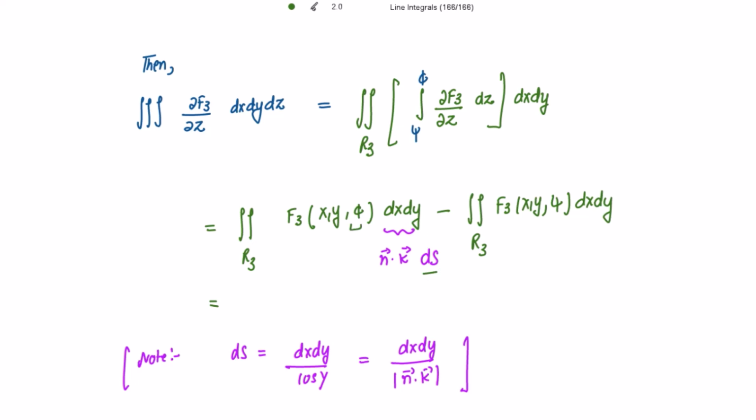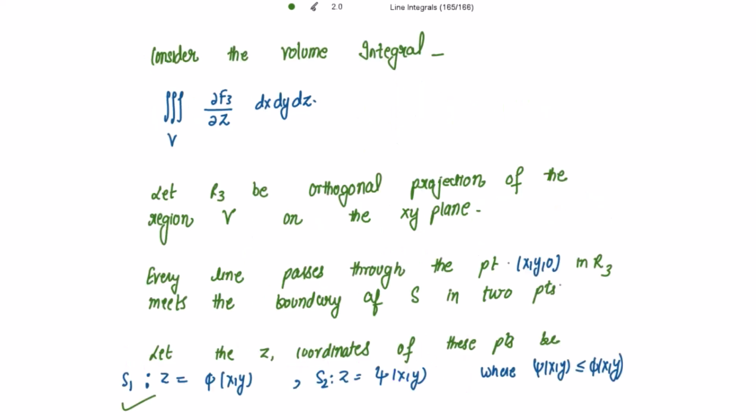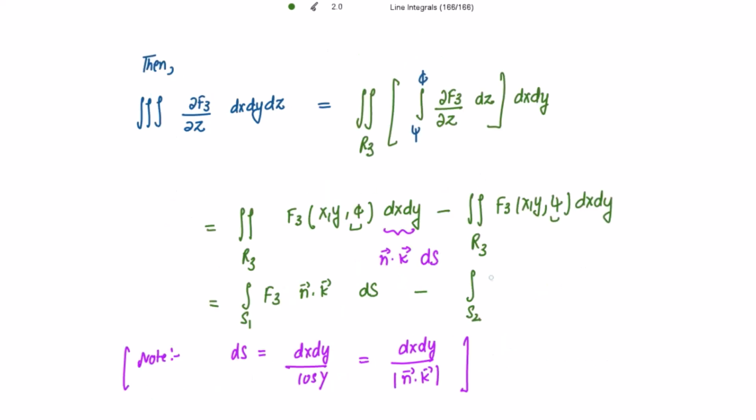For phi, we have taken the part of S to be S1. So this integral now becomes the surface integral of F3 n vector dot k vector ds. Similarly, the other one is the surface integral over S2, because for xi we have considered the part of S to be S2. So this is F3 times the dot product of n vector with k vector ds. Is it okay? Fine? Alright.